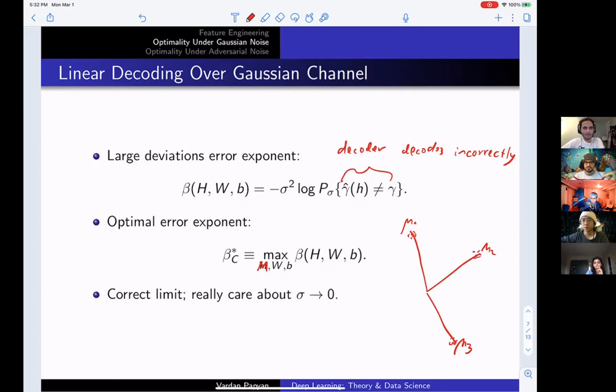Yeah, they do tend to the class means because of the NC1 property, which is that the activations collapse to the class means. Now I understand. And I have another question.